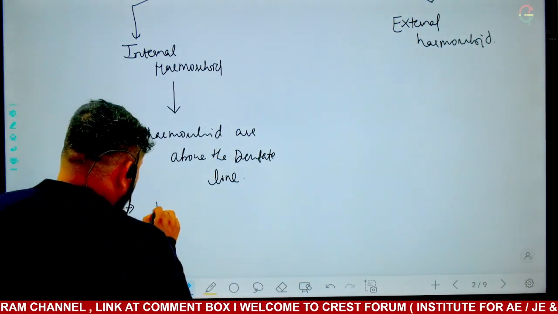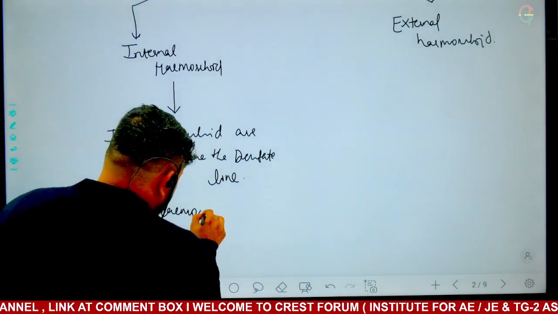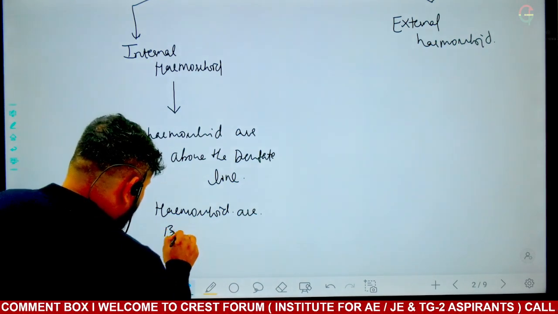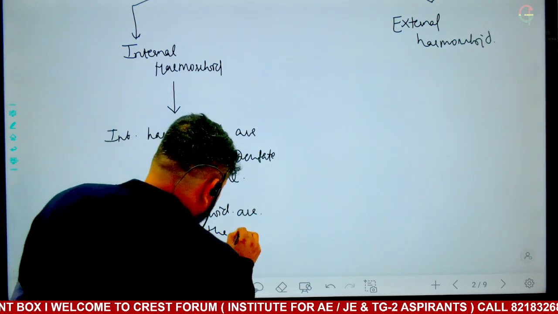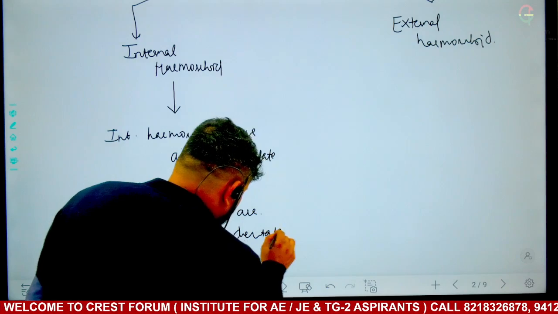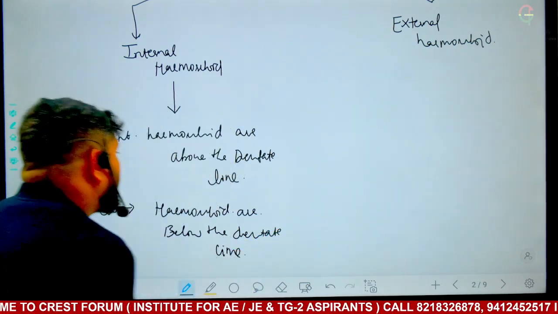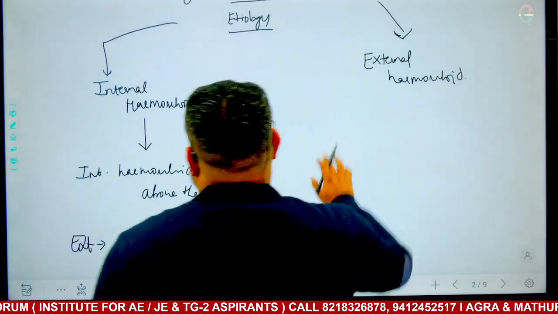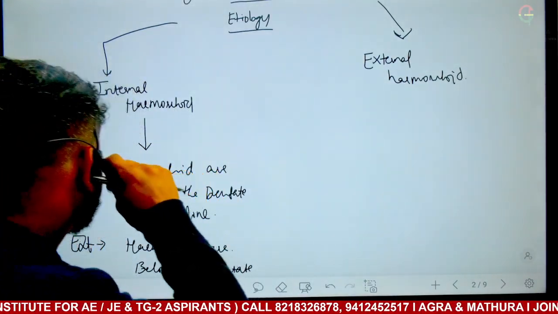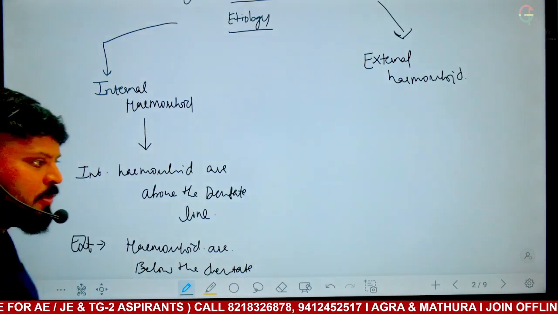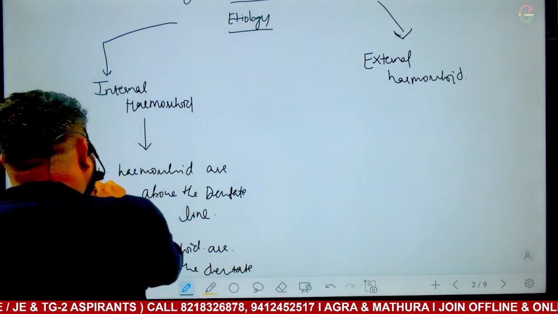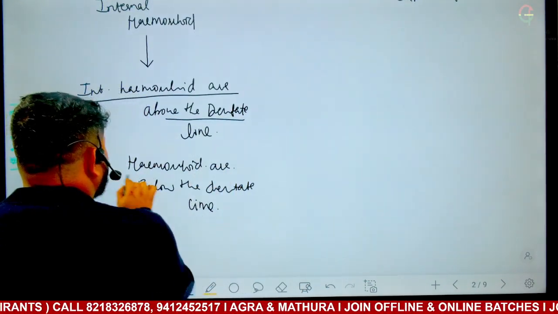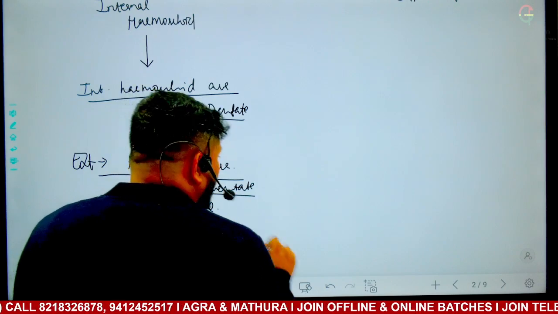External hemorrhoids are below the dentate line. I think I made it very clear. On the basis of etiology, we have two hemorrhoids, internal and external. Internal hemorrhoids are above the dentate line and the external hemorrhoids are below the dentate line.